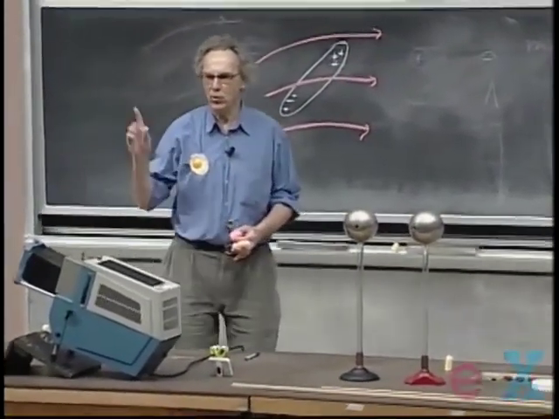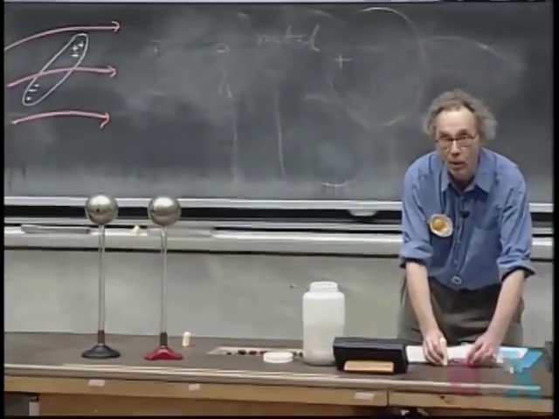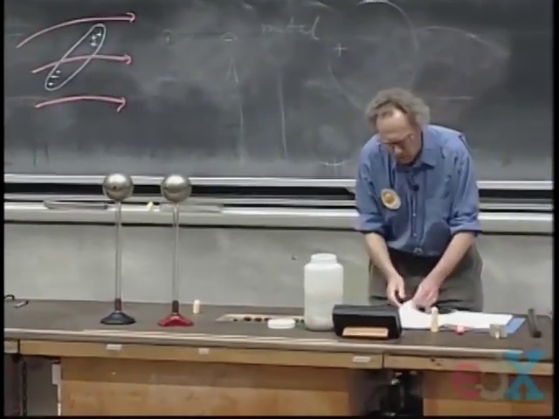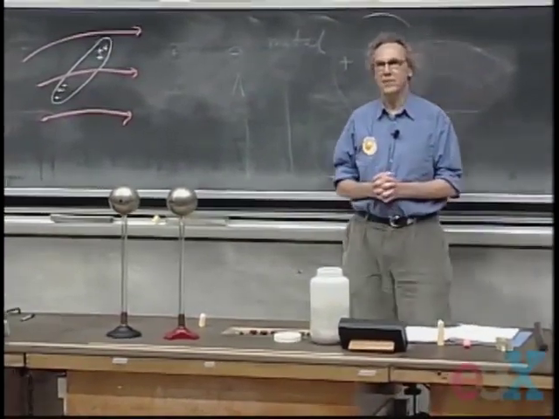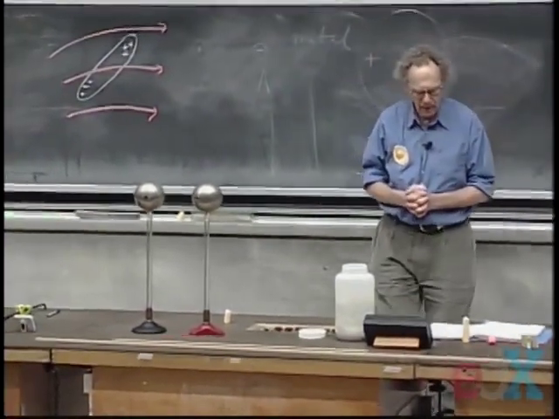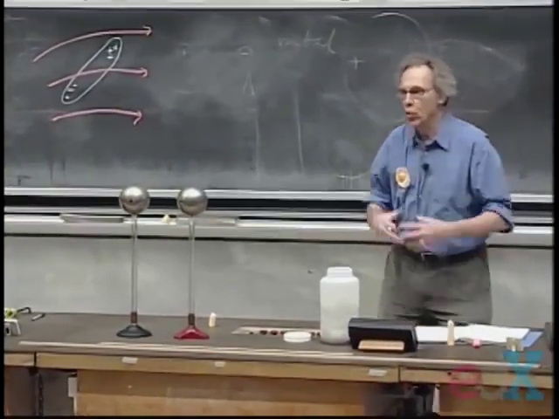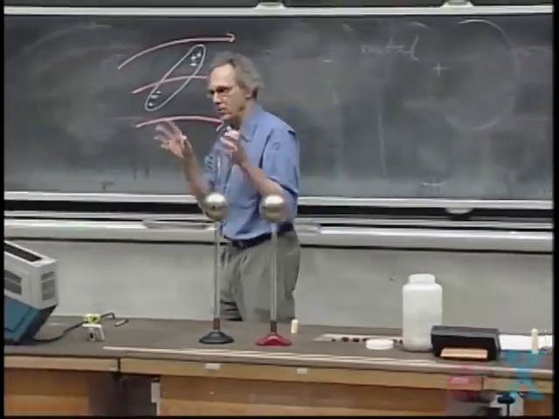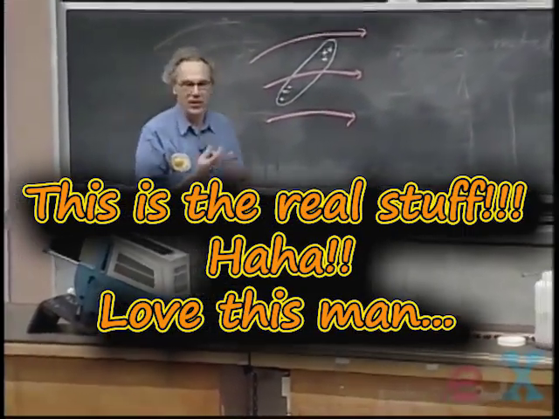And this is the way that I'm going to show you now field configurations in the vicinity of a dipole. And I will also show you then field configurations in the vicinity of two charges which have equal polarity. You may have seen this in high school with magnetic fields, with iron filings. That's kid stuff. That's the easiest thing to do. This is the real thing. This is the electric field.